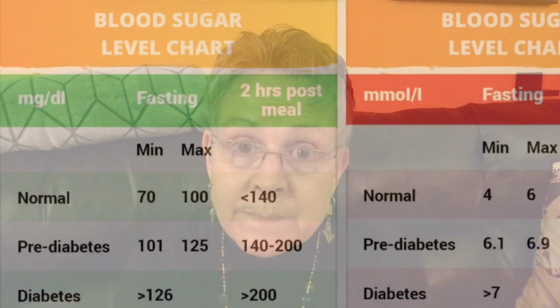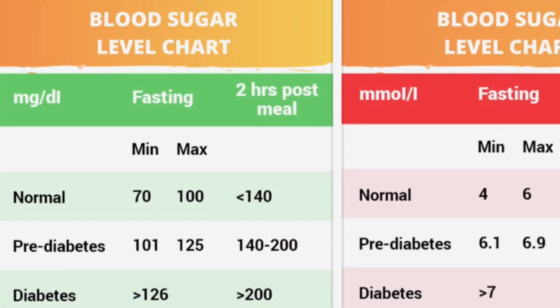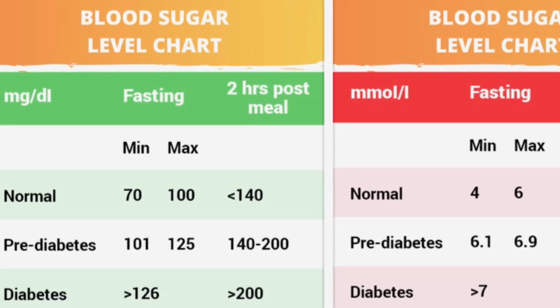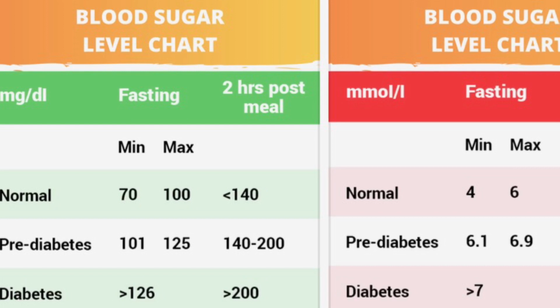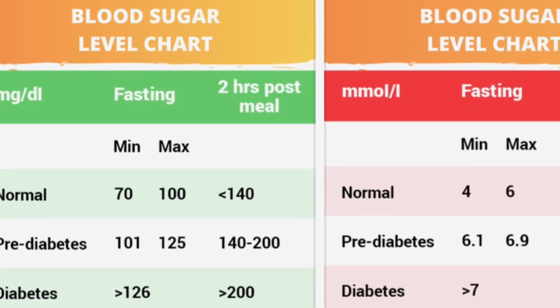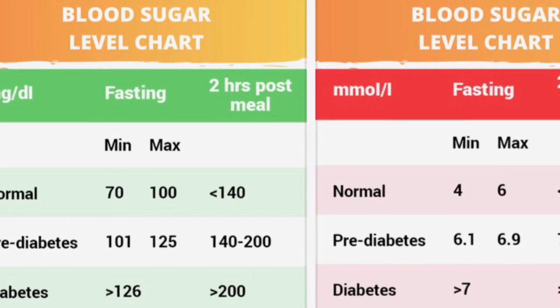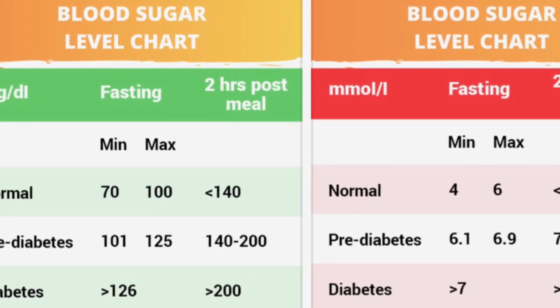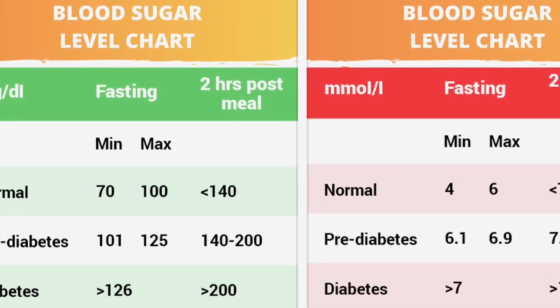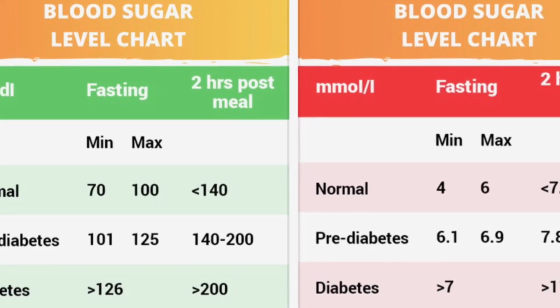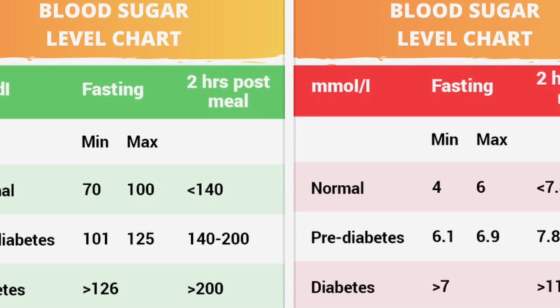Oh well. I'm going to end today's video with a glucose value chart so you have some idea of what to expect for normal fasting and post-meal numbers, and what pre-diabetes numbers look like, and diabetes numbers.